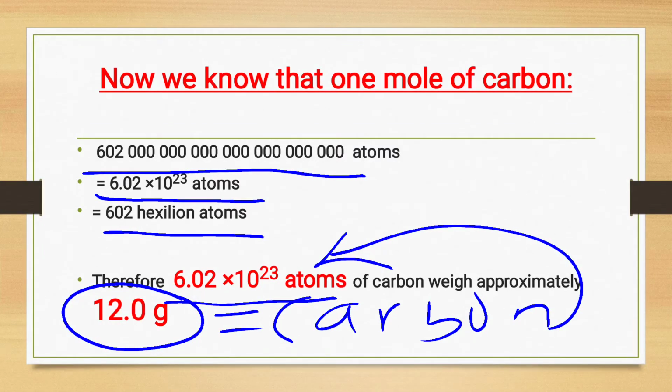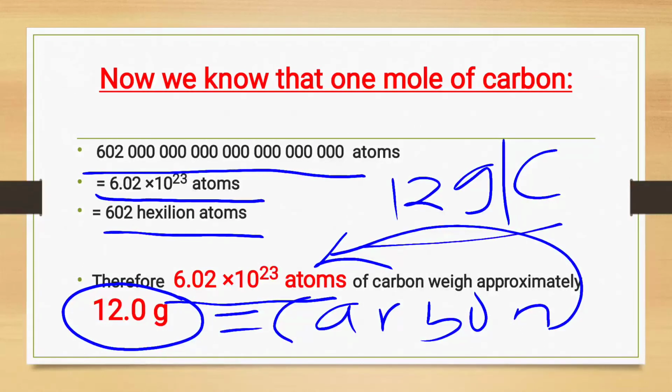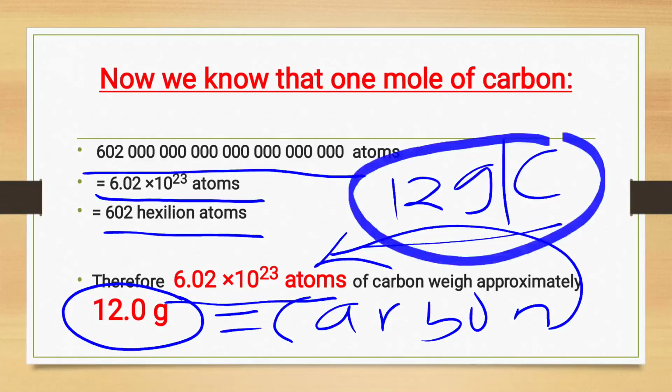So how do you get 602 sextillion atoms from the laboratory? You just need to get 12 grams of carbon. Why? We know that 12 grams of carbon contain this number of carbon atoms.